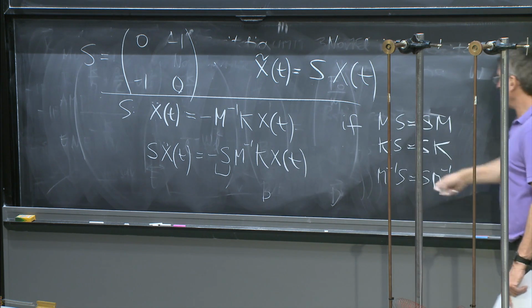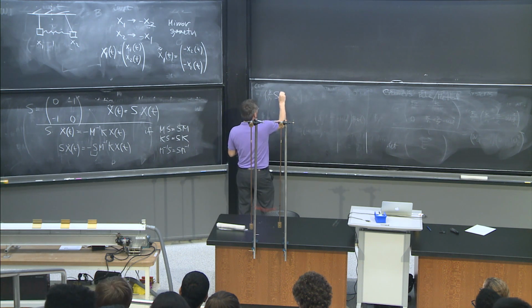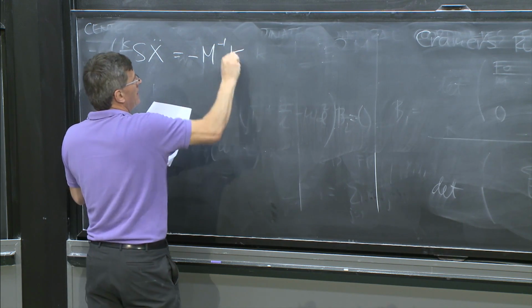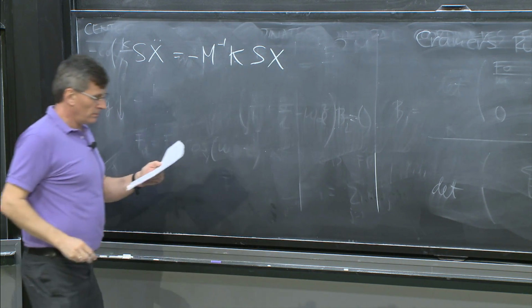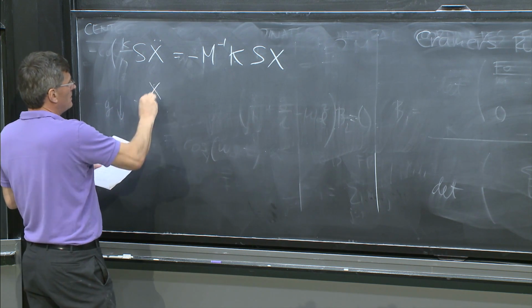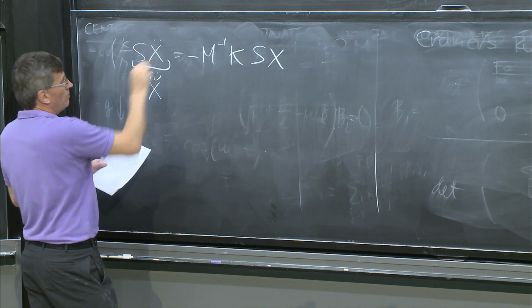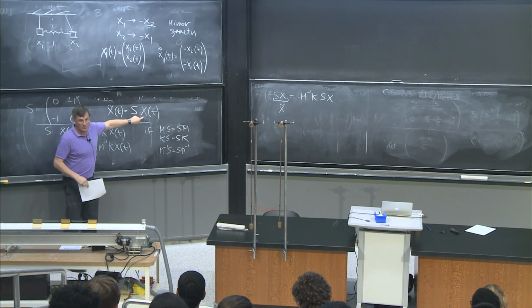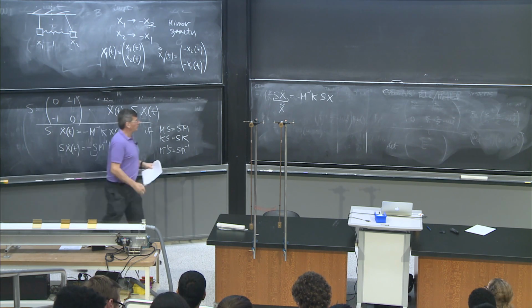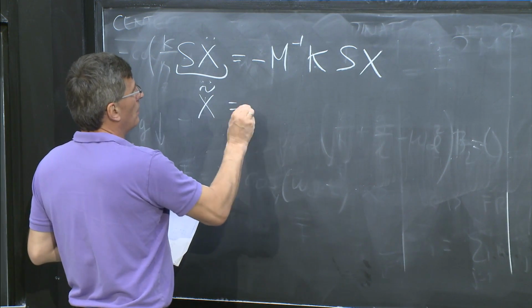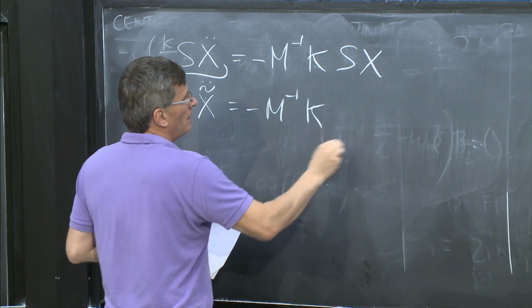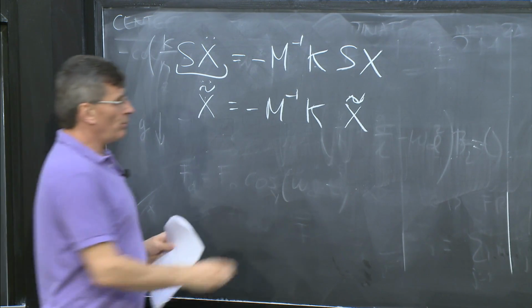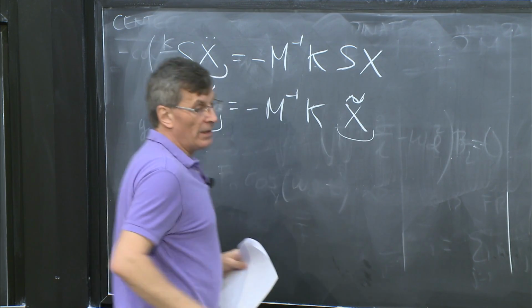So after using those features, I get that S x double dot is equal to minus m minus 1 k S x, which means, remember, S times the variable x gives me x tilde. x tilde double dot is equal to minus m minus 1 k x tilde, which basically proves, this is a proof, that x tilde is a solution.